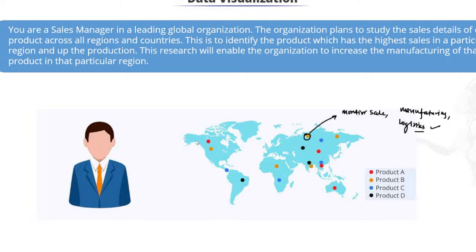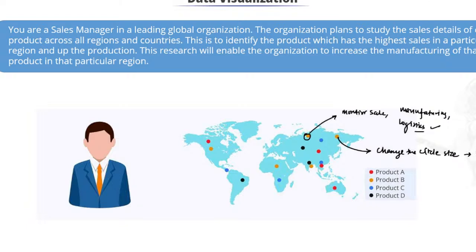So when your numeric data can be plotted on a world map, what you can do is simply change the circle size. Maybe I'll just give you a hint here, the size of the circle will be dependent upon the sales.